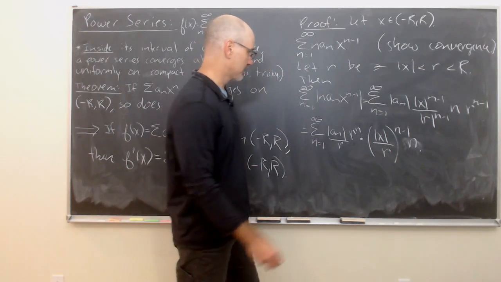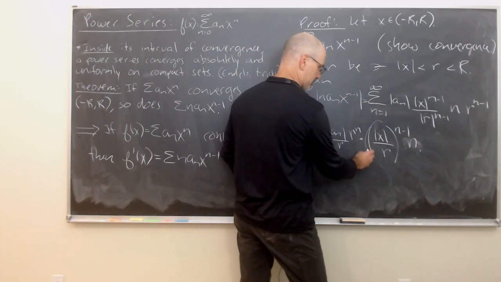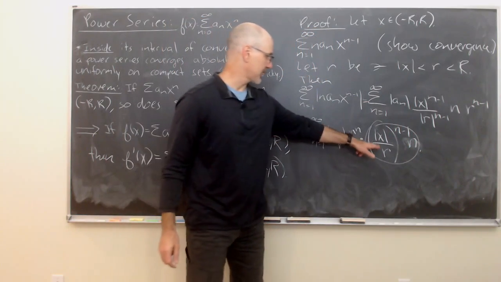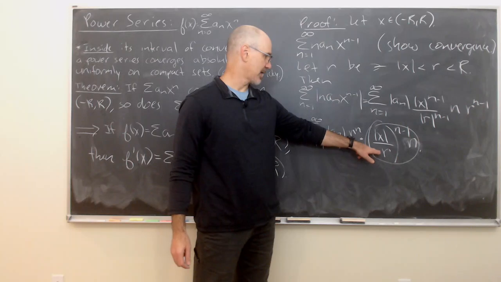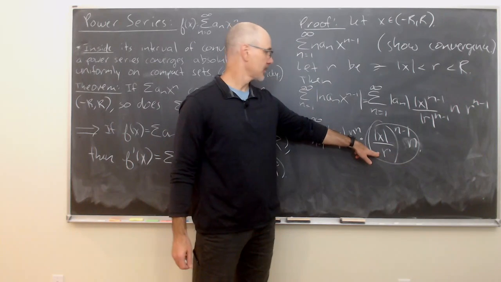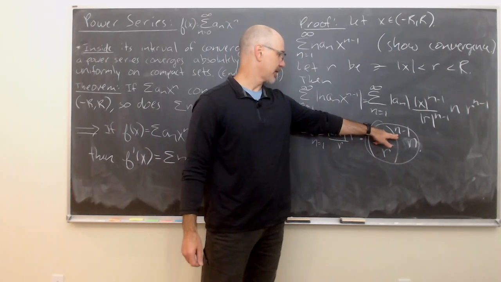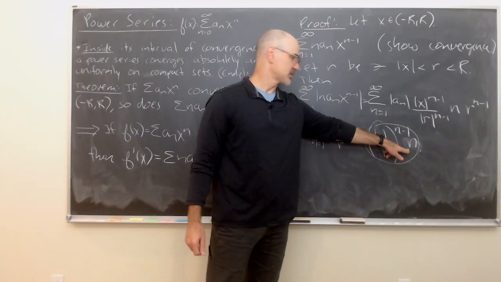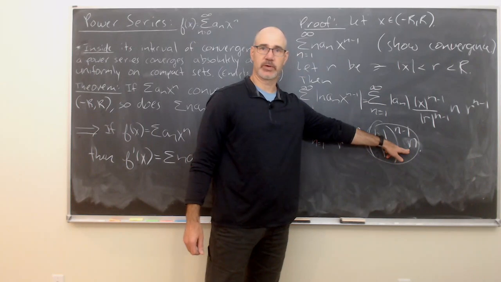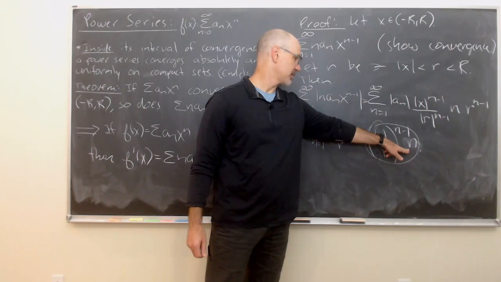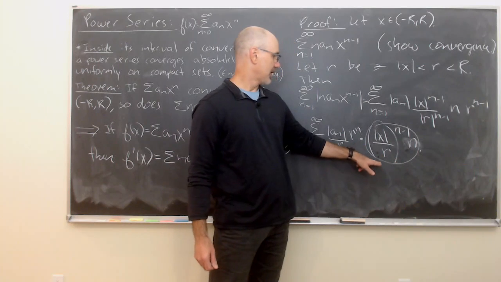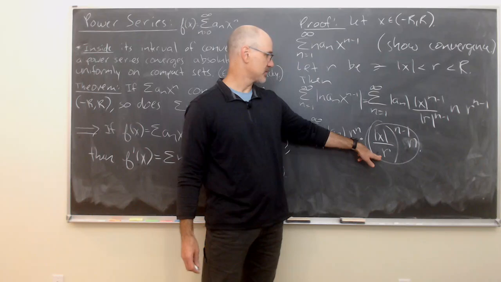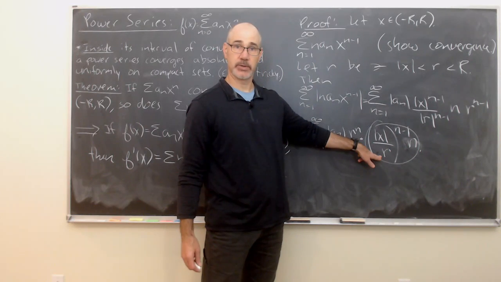So the point of all of this algebra is that because absolute x is less than r, I have a ratio here that's less than 1. And so as I raise that to higher and higher powers, I'm going to drive it to 0. And the presence of the n actually is not enough to overcome that. You can maybe think of this as an exercise, but n times a ratio raised to the n minus 1 is going to go to 0.